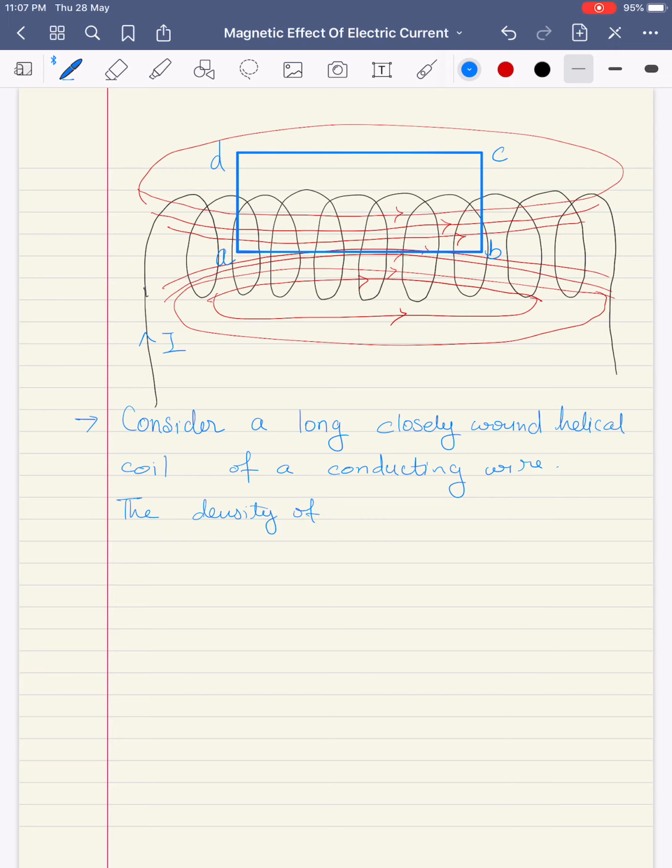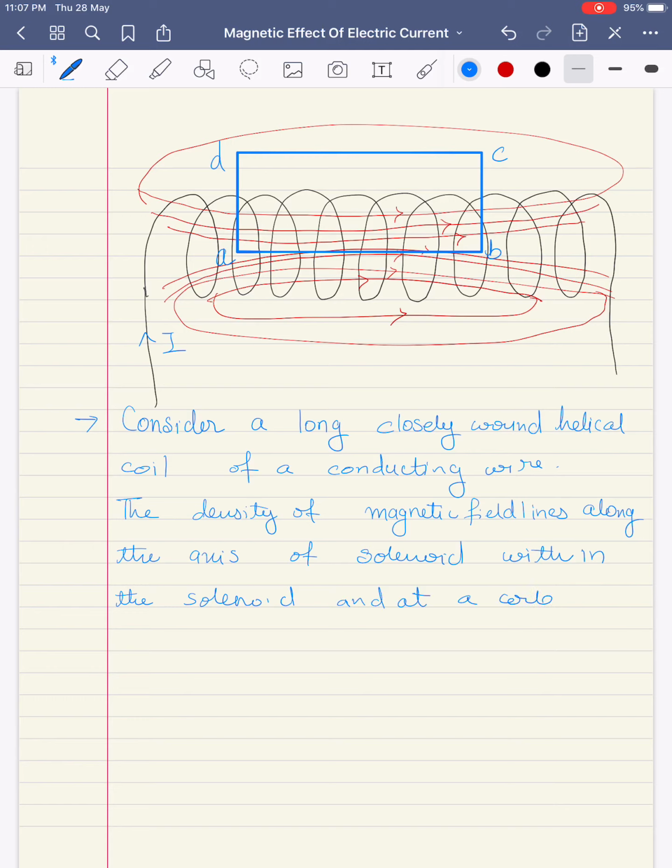The density of magnetic field lines along the axis of the solenoid, within the solenoid and at a certain distance away from the wire, is uniform.